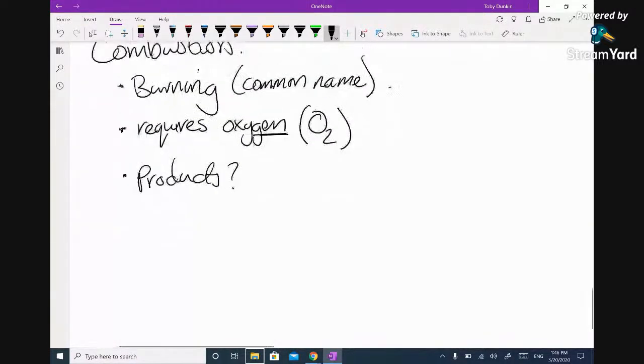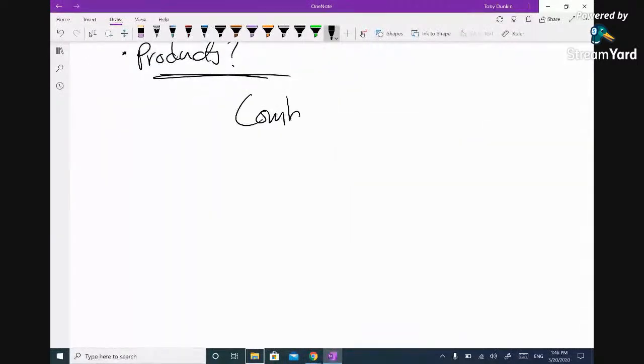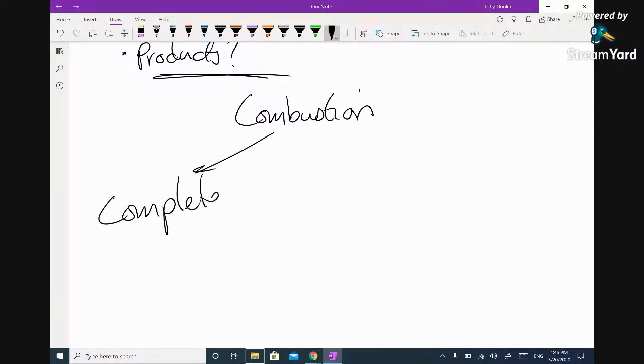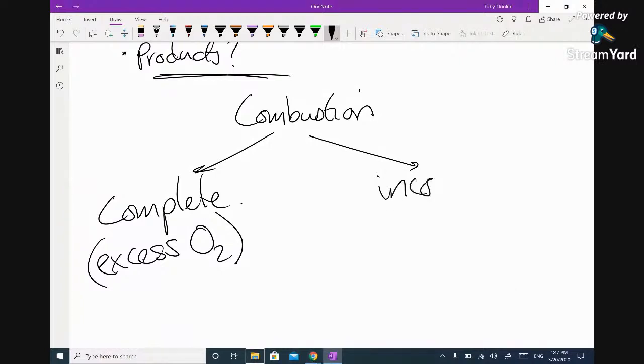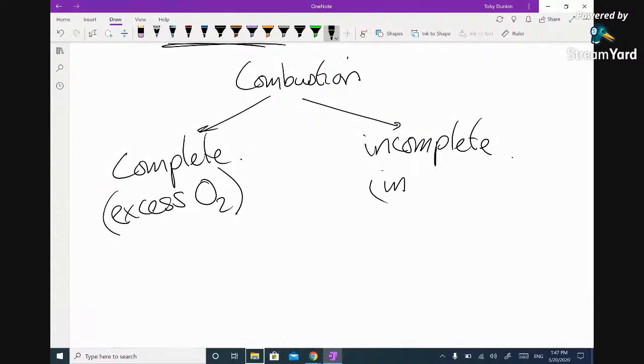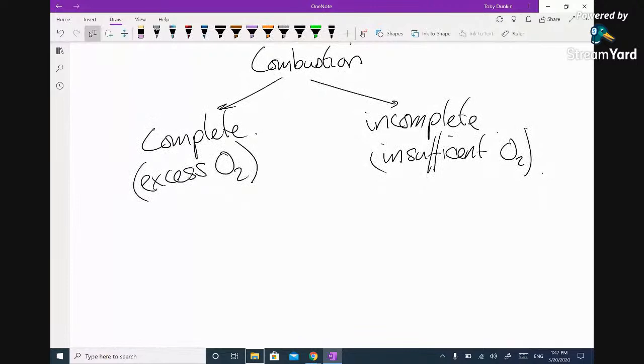We realize that combustion is split into 2 families. Combustion is either complete. How do you ensure complete combustion? Excess oxygen. Or incomplete, which means insufficient oxygen. Which one of these produces more energy? Of course, complete. Bigger energy output.